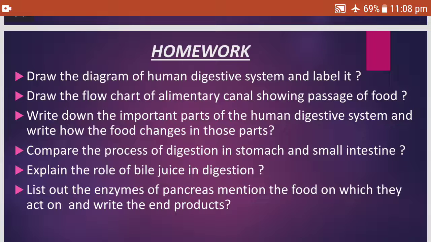Write down the important parts of the human digestive system and write how the food changes in those parts. Compare the process of digestion in stomach and small intestine. Explain the role of bile juice in digestion. List out the enzymes of pancreas, mention the food on which they act, and write the end products.